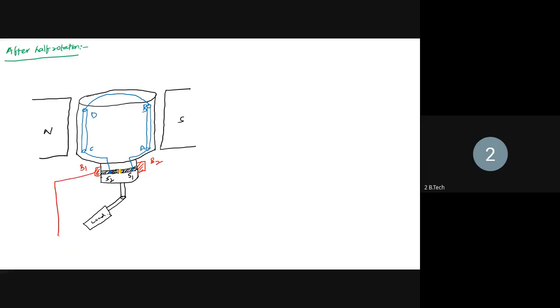And to this one will be the electrical supply. So we are giving the same electrical supply so that the current direction will be in this direction.